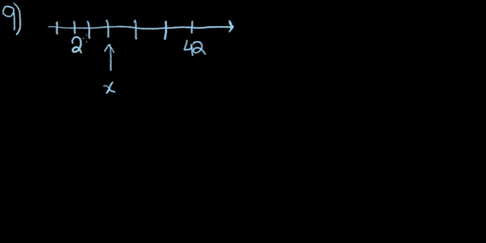So to find the distance from 2 to 42, which is going to be 40, we need to find how many tick marks there are from 2 to 42, discounting 2 because we're not going to count that. So from here, it goes here and keeps on going all the way to 42. So this has to equal 40. These 1, 2, 3, 4, 5 tick marks will equal 40.